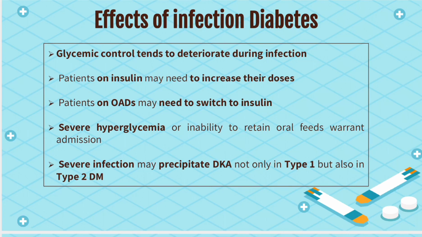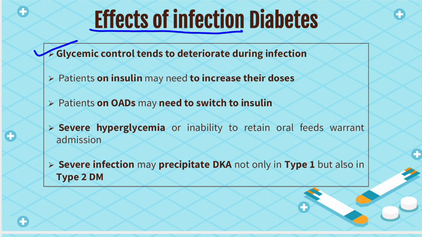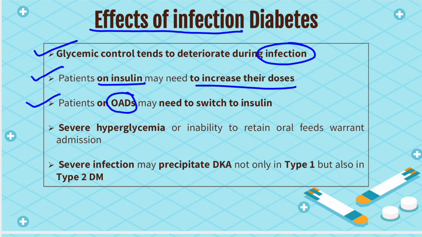So what are the effects of such infections in diabetes? It is seen that glycemic control is deteriorated during infection. If any patient is on insulin, we need to increase the dose of insulin. If any patient is on oral anti-diabetic drugs, there is a need to switch from oral anti-diabetic drugs to insulin.